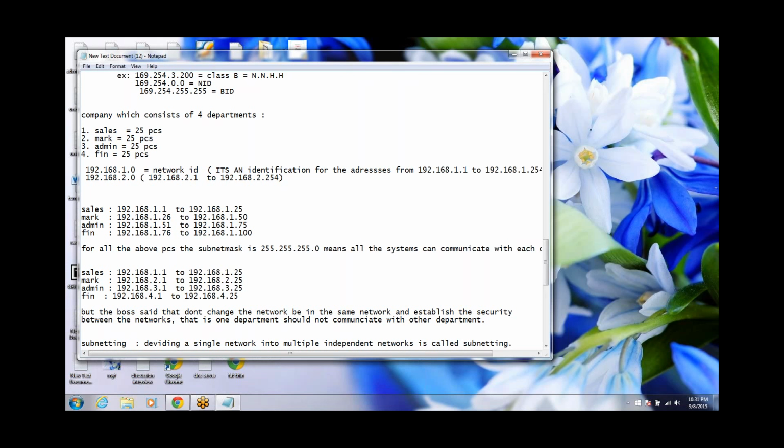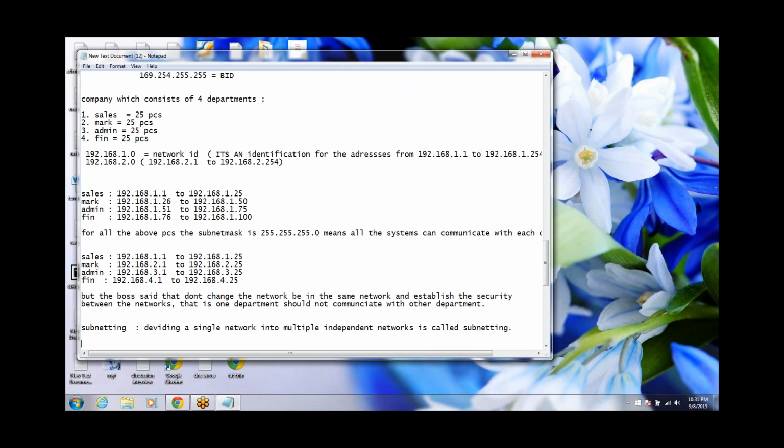Dividing a single network into multiple independent networks is called subnetting. But it's a bit complicated. It requires a lot of calculations. If you go through all the calculations in a single day, you'll get confused. We'll discuss subnetting tomorrow.